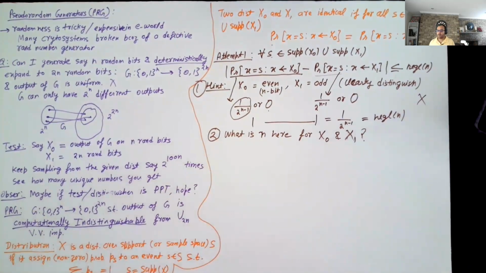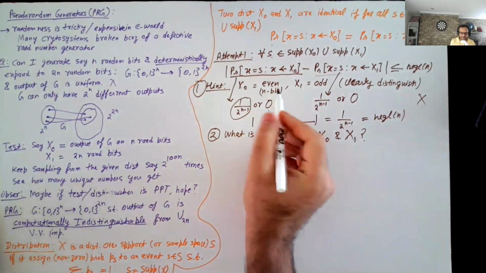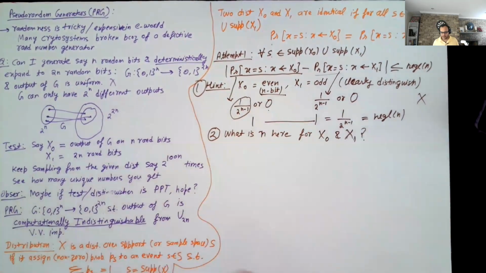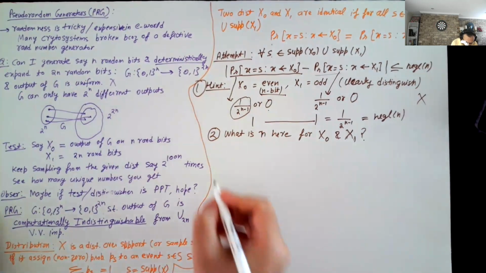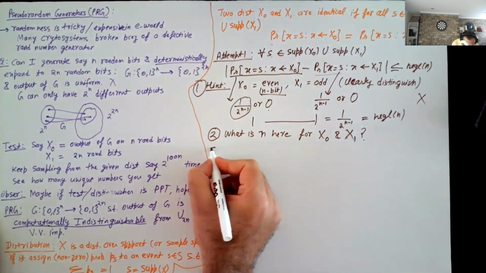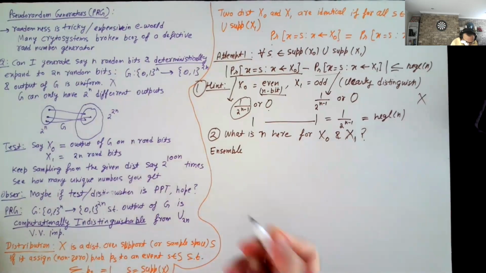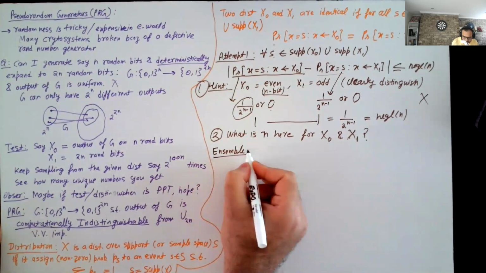So we really need to talk about a set of distributions or an ensemble of distributions. And in my example, I already did that. X0 was an n-bit number. So let me define what an ensemble is. We will fix the second problem first, and then we will fix the first problem.